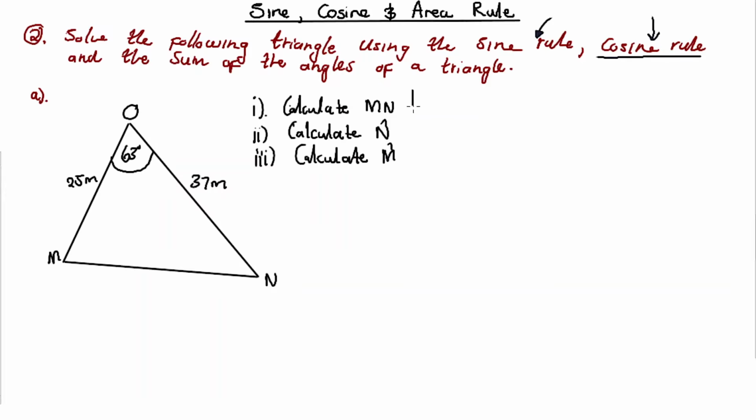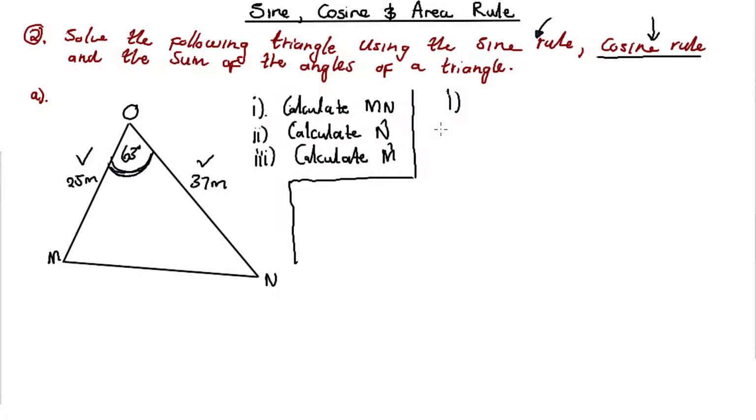So the solution, number 1: we're going to have to calculate MN using the cosine rule. I am given this angle, I have this side as well as this side. So it means that I can calculate MN using the cosine rule.